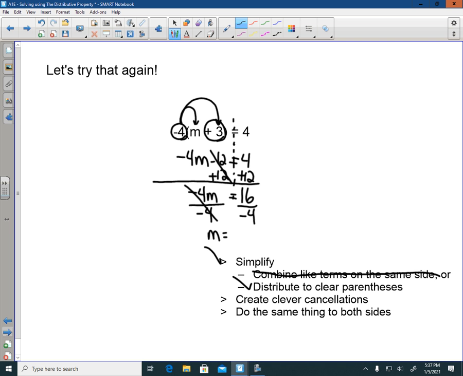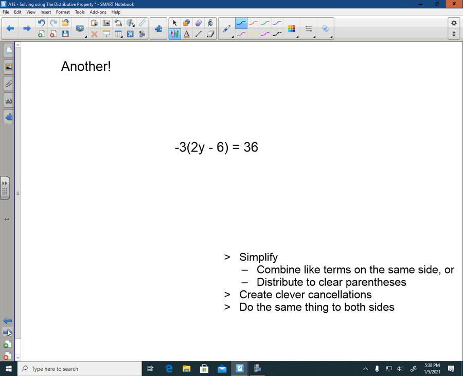Now when you have a positive divided by a negative, you'll end up with a negative number. And then 16 divided by 4 is 4, and so our answer is -4. And now we're done with these steps. So there you have it. You'll simplify first, and then solve using clever cancellations and the same thing to both sides.